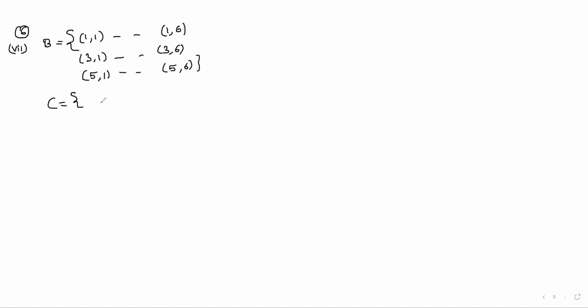C is getting the sum of the numbers on the die less than equal to 5. No, the sum should be less than equal to 5, so 1,1, 1,2 up to 1,4. Okay, so I wrote C wrong, sir. I guess wherever you used C before, your answer is incorrect. Okay, please correct that.